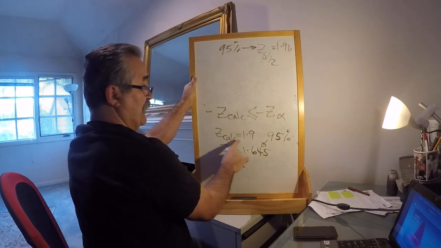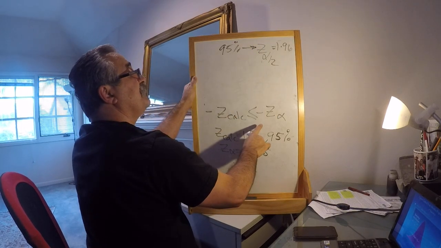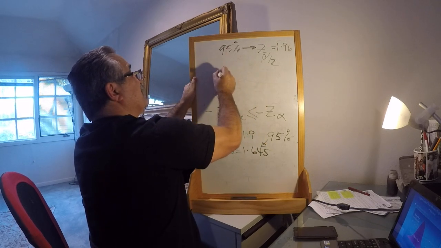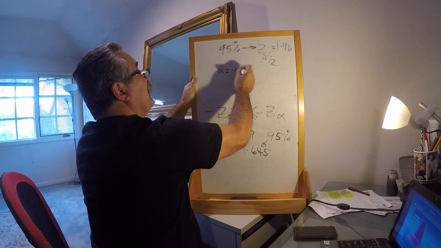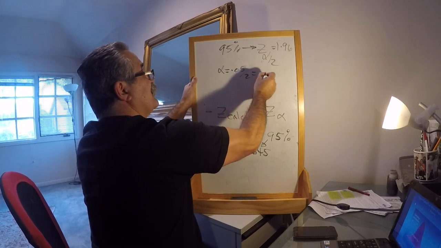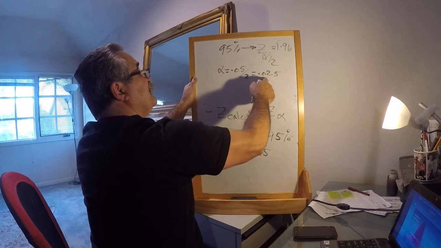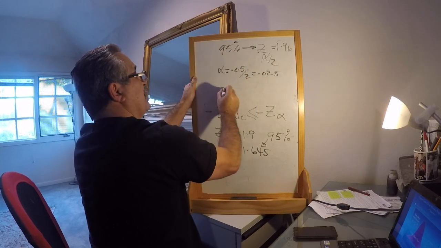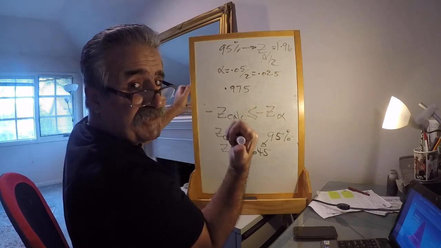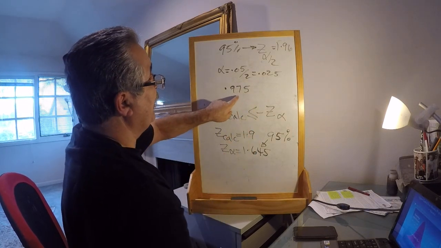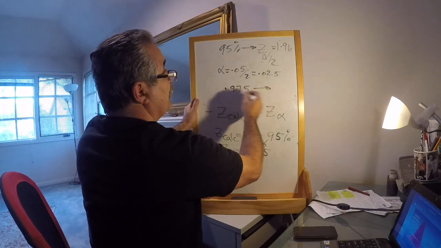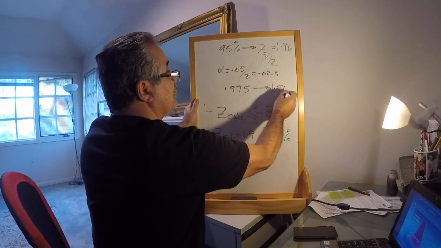But in here, we don't have alpha over 2. If we have 95%, that means alpha is equal to 0.05. Half of the alpha is 0.025, and 0.025 plus this becomes 0.975. We go to the z table, we locate 0.975, and its value is 1.96.